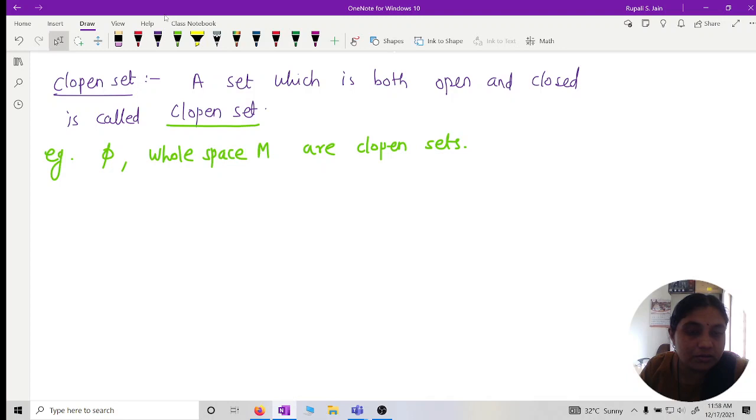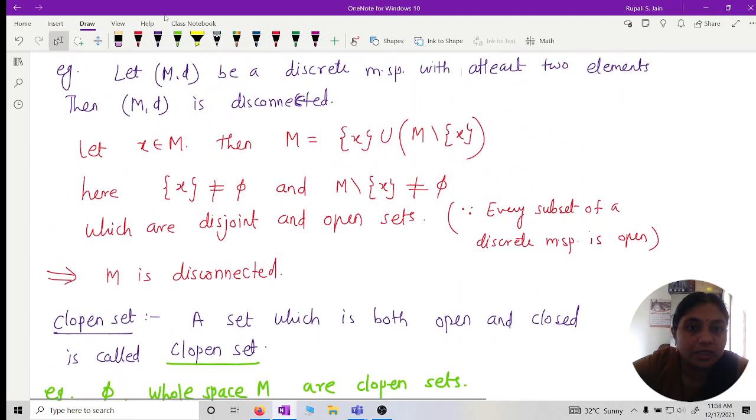So just now we have here, these are clopen sets. The singleton set {x} is open in a discrete metric space, and its complement is also open.